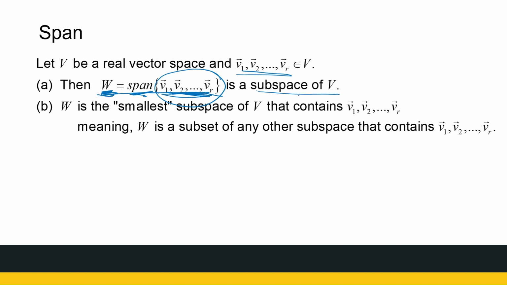It's a subset of V, closed under addition and scalar multiplication, and you can show that. But even more interesting is that the span of that set is the smallest subspace containing those elements. By smallest, I mean if I find another subspace, so another vector space, that has the elements V1 to Vr in it, then W will be a subset of that set.